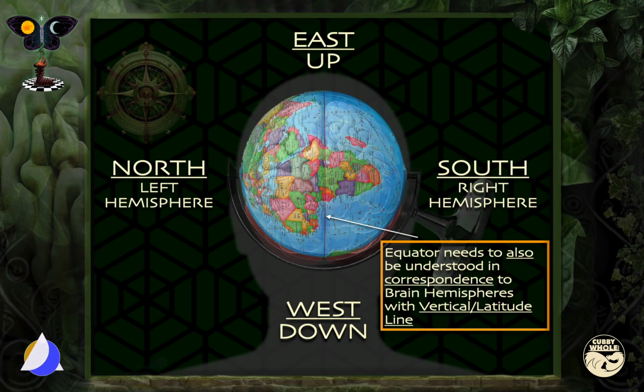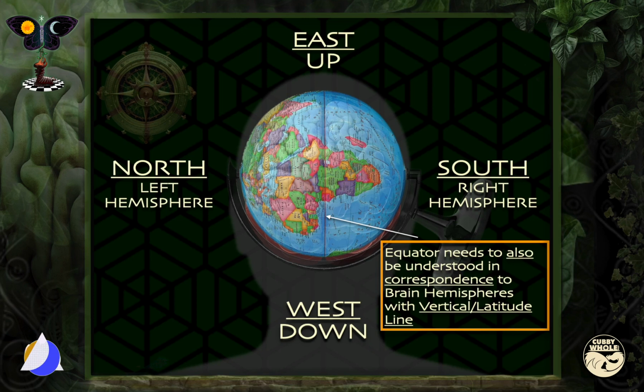So the left hemisphere is connected with the north hemisphere, and the right hemisphere connects with the south hemisphere. And the way that we're really going to truly understand this is becoming conscious of the ancient Egyptian hero science dealing with the solar, the lunar, and the stellar cults or mythologies, especially the stellar mythos, okay?